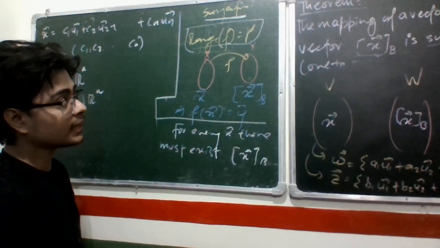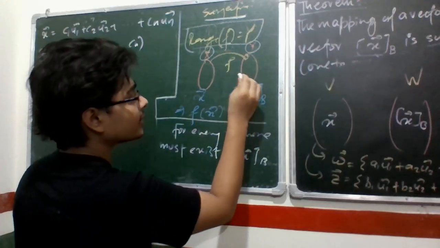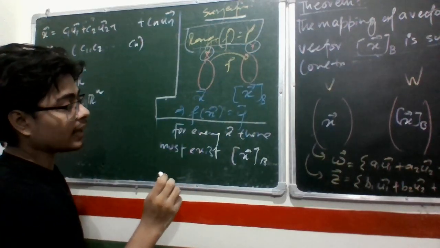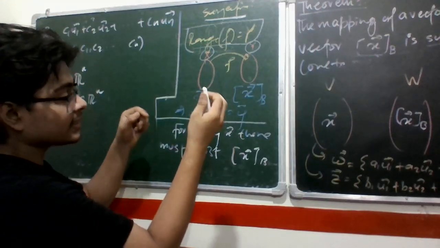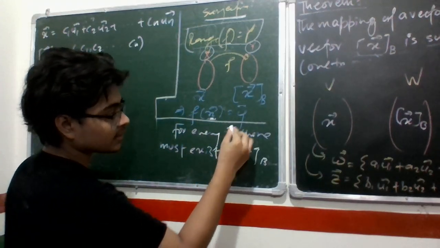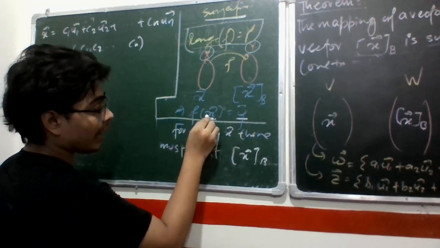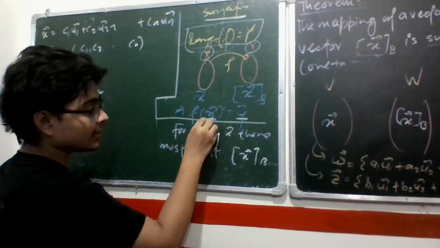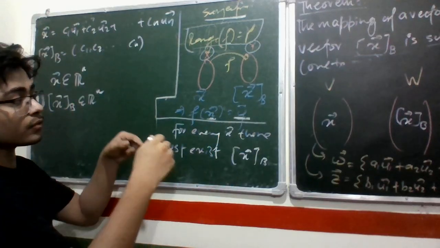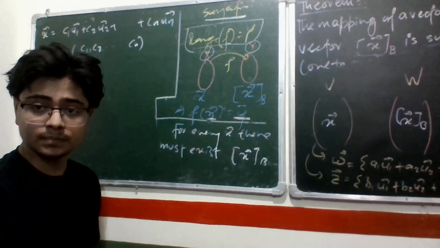Now, what does that mean? It means that if we consider a mapping between x and y, and the mapping is done by a function f, then for each y there must exist an x. That means if we apply f to x, it must give a y, such that for every y there exists an x.